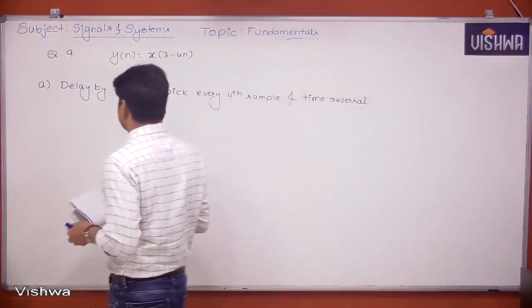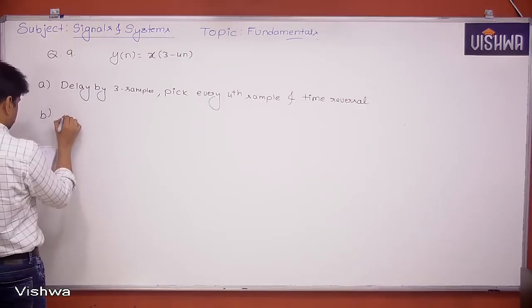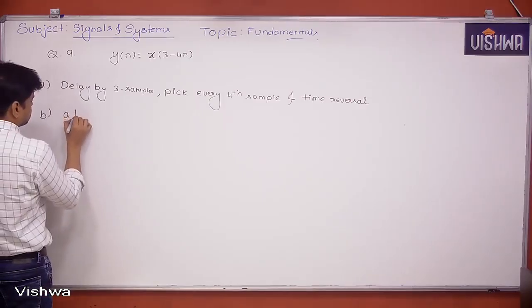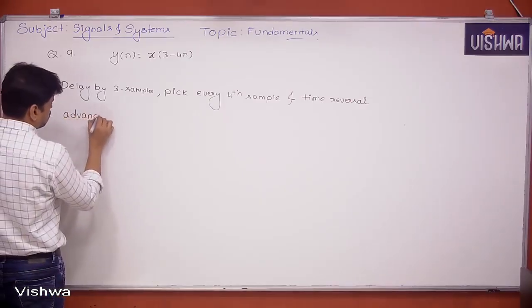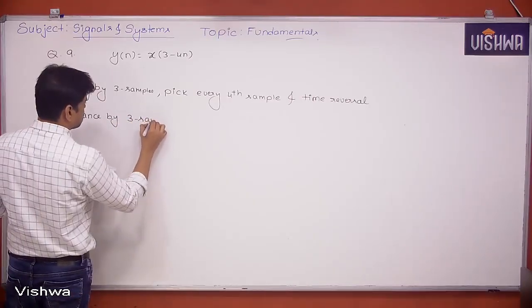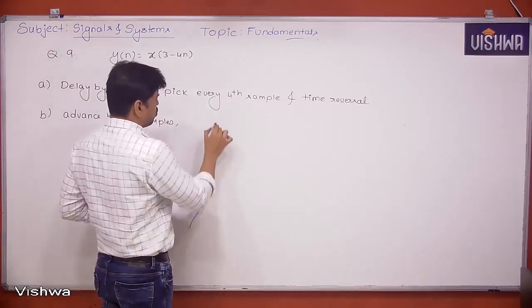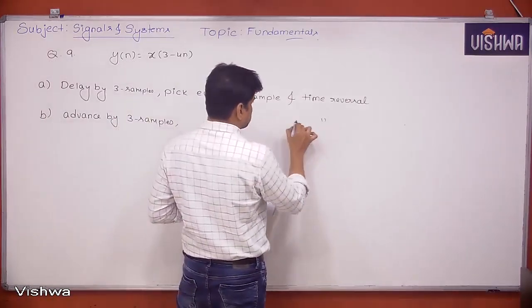Option B: advance by 3 samples, pick every 4th sample, and time reversal.